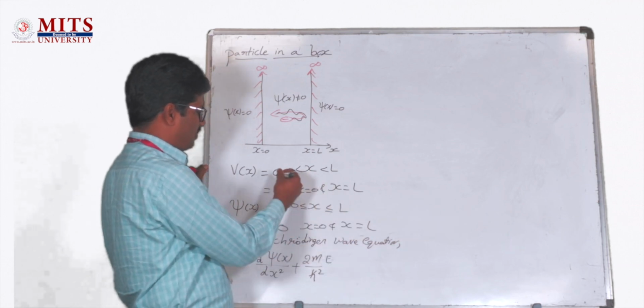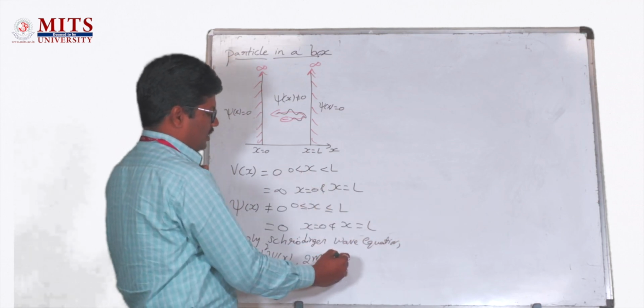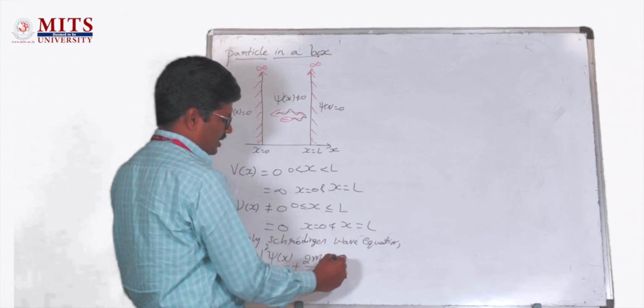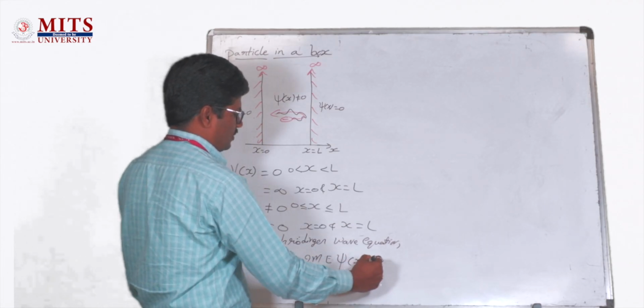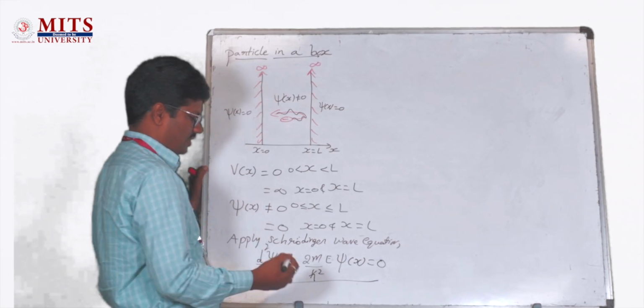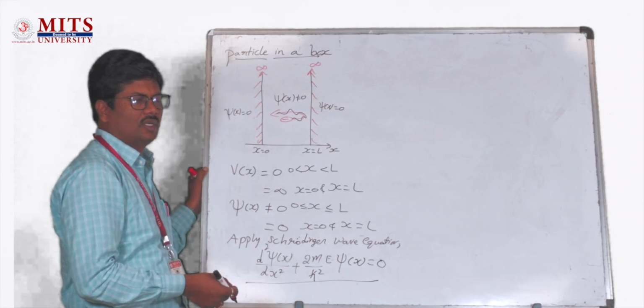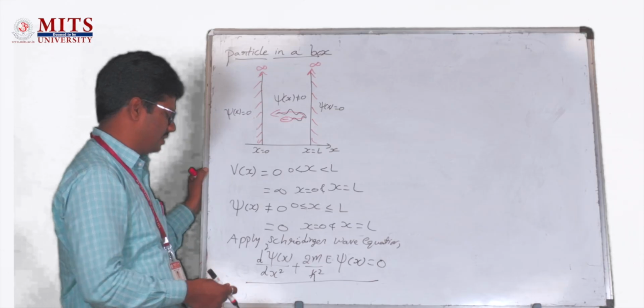But here V of x inside the box is 0, so we write 2mE by h cut square psi of x equal to 0. This is our Schrodinger wave equation in one dimension, time independent.